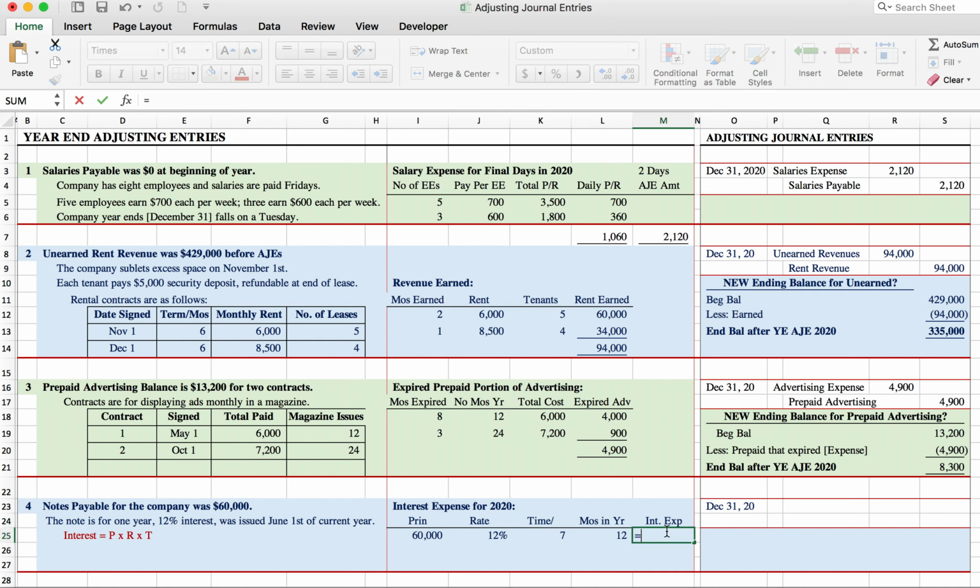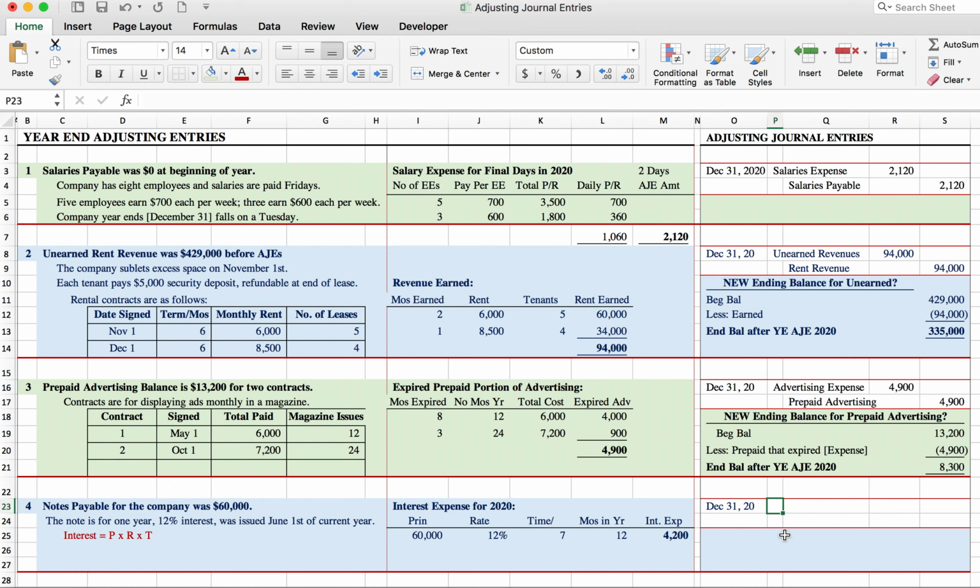So here's my interest expense. It's going to be 60,000 times 12% times, opening my parentheses, 7 divided by 12, close parentheses. Hit enter, and interest expense is 4,200. Let me bold all of my adjusting entries.